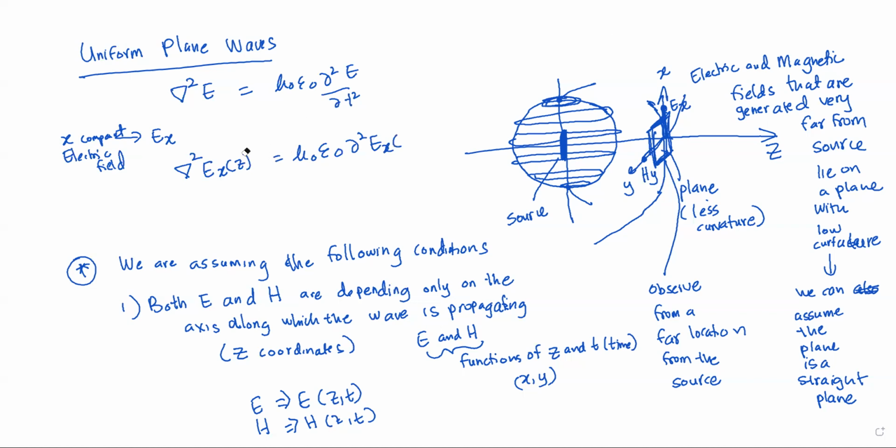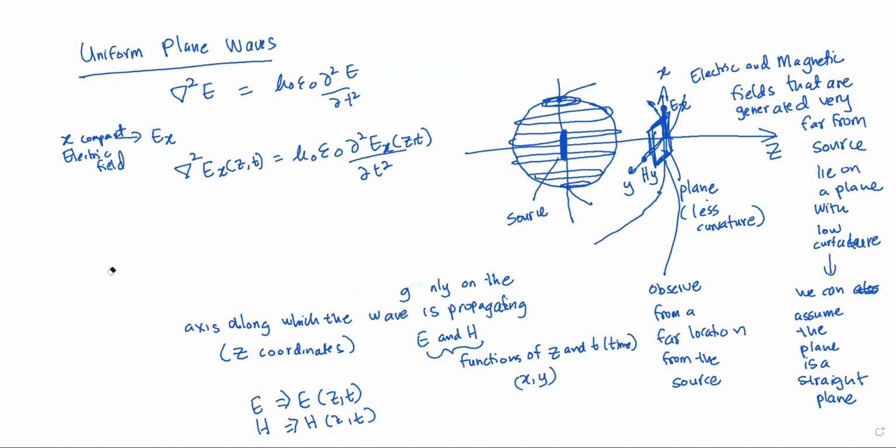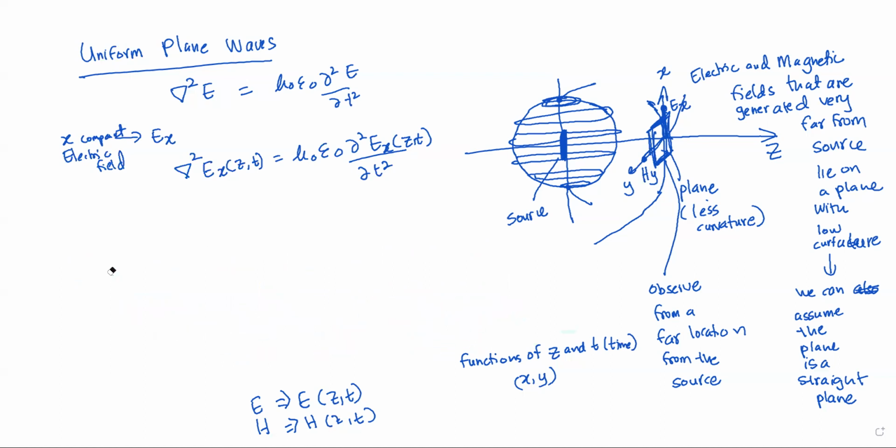Since I'm going to use the similarity principle, I'm only going to consider the x component and derive these equations. After I have got some results, I will apply the same outputs to the other equations. So this is the equation that I will get if I consider only the x component of the electric field, which lies on the plane that I'm considering.